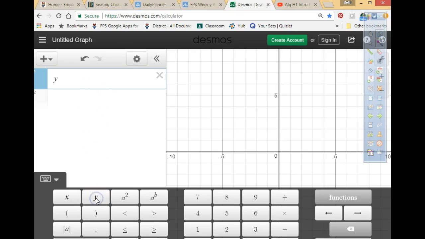You can either click on it or just hit the y. Use your equal sign, and we are putting in 2x. Use the x button, and then you're putting plus 3. Okay, everyone? I did 2, so we want 3.